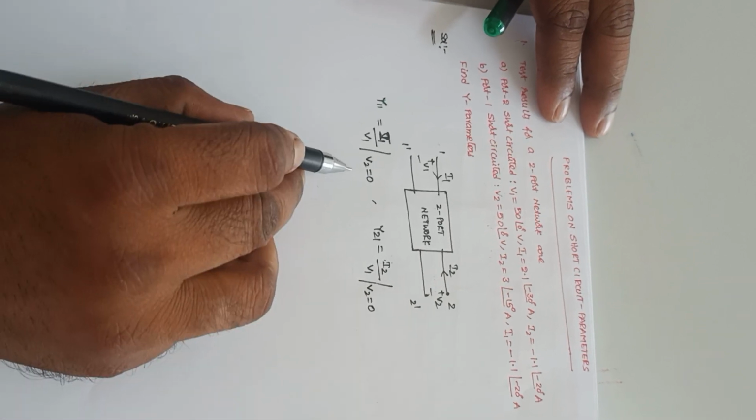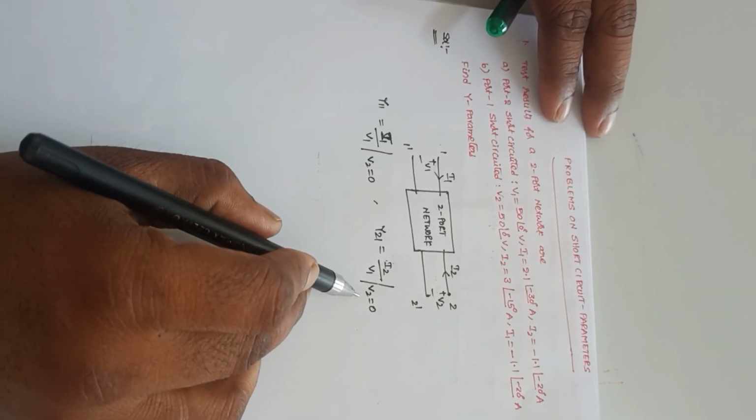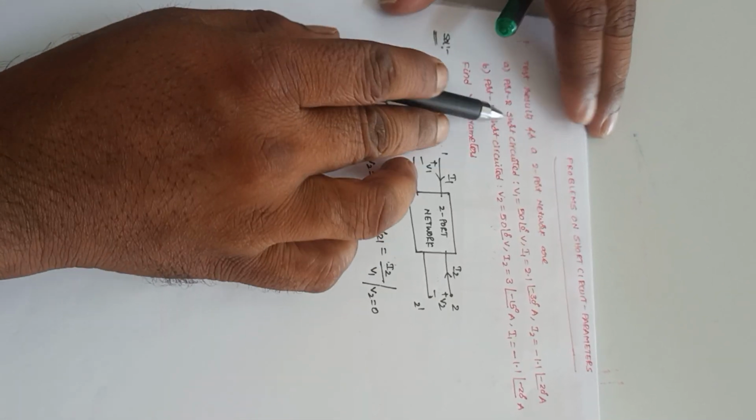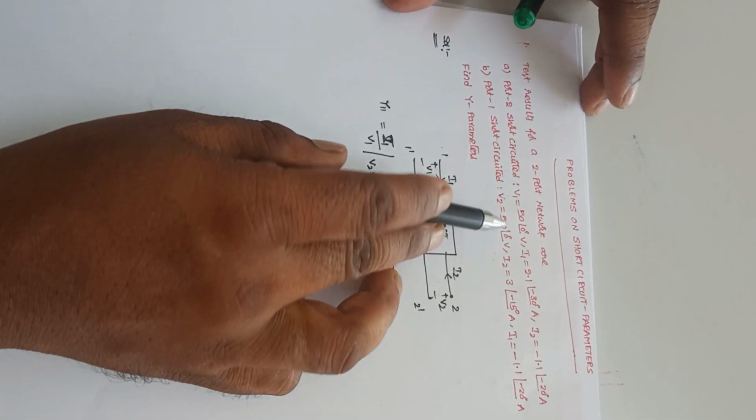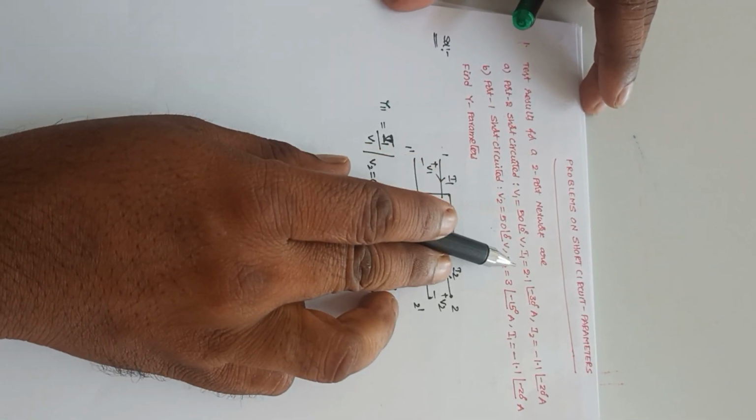That means V2 is equal to 0 means port 2 is short circuited. So with port 2 short circuited, the value of V1 here is this one, I1 is this one.